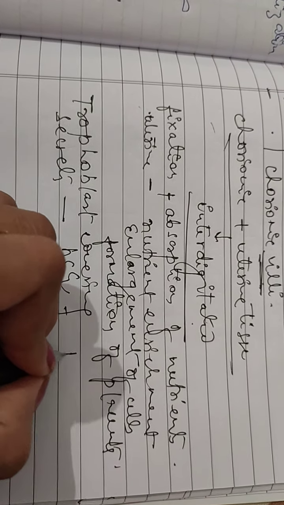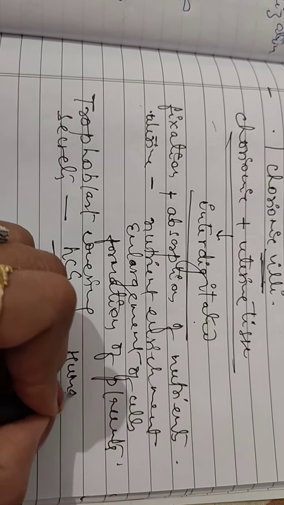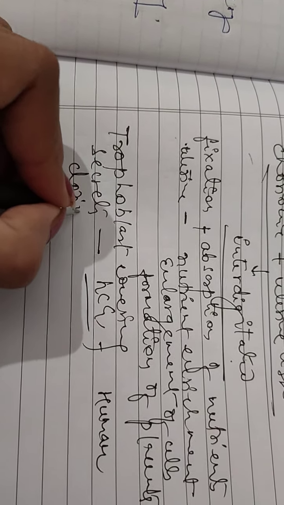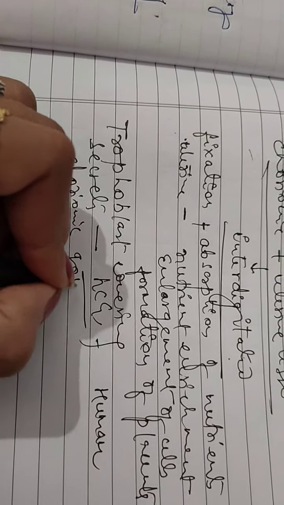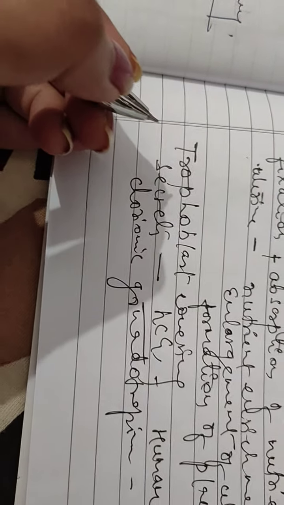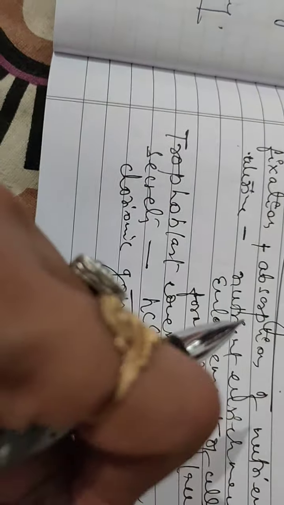This is also called human chorionic gonadotropin. Human chorionic gonadotropin, that is called hCG, and this hormone can be detected in the urine of a pregnant woman.